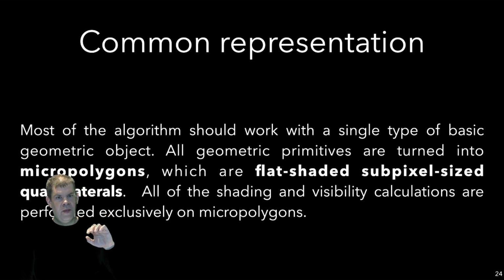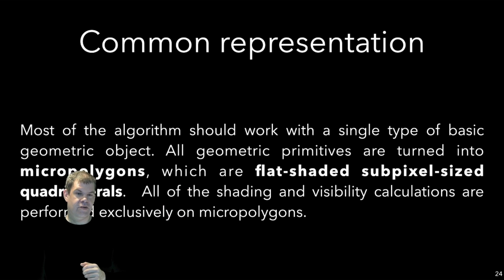Since that term wasn't known, it contains subpixel-sized quadrilaterals, but I guess we would simply refer to this as subpixel, right? What does flat shaded mean? It means it's a thing that has a uniform color, is pretty small, smaller than a pixel, and its shape is a quadrilateral, okay? So not necessarily a rectangle or a square, but a quadrilateral. Okay? So we would just refer to this as subpixel today, okay?